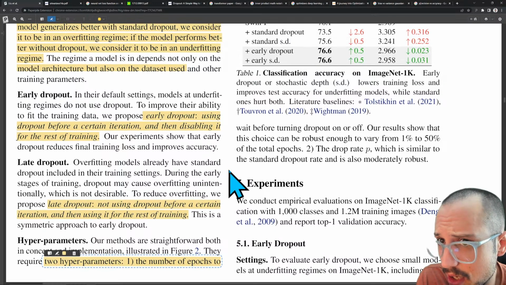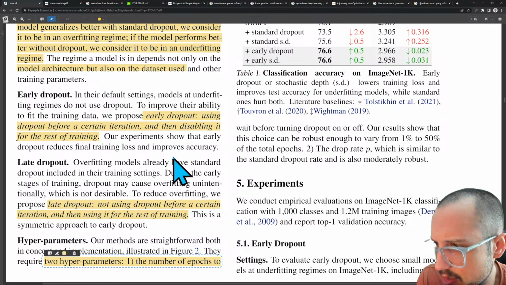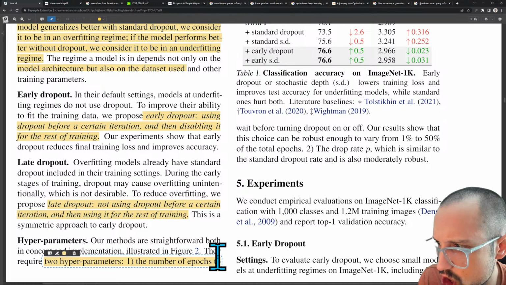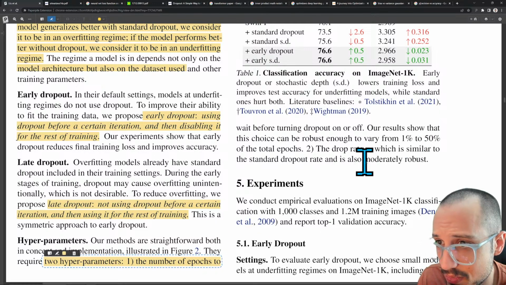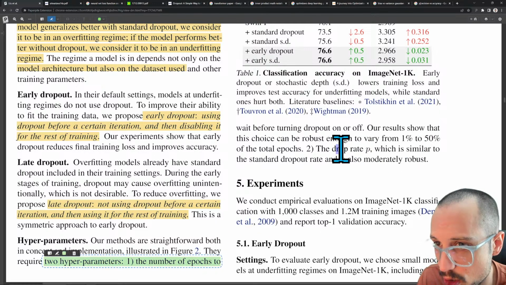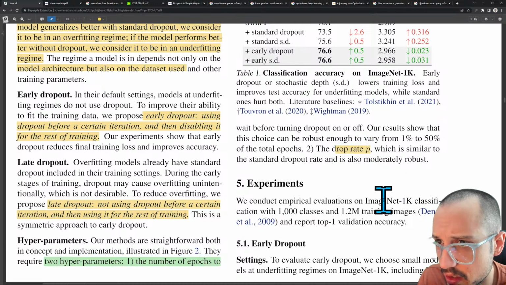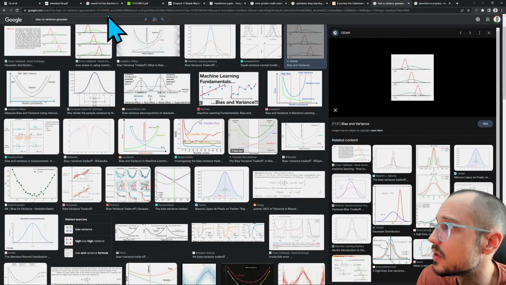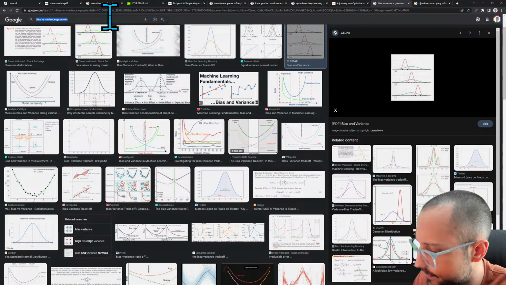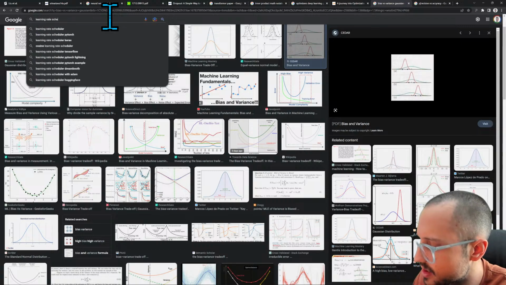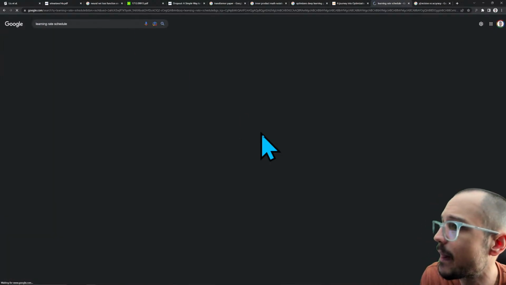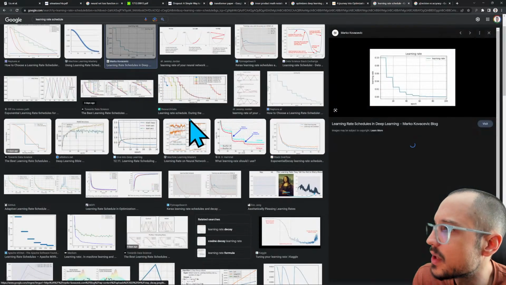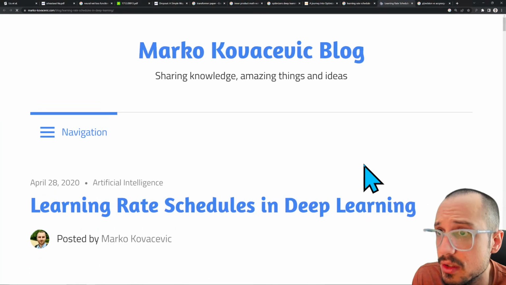I'd like to see a more complicated dropout schedule. It seems like they basically just turn it on and off, but I feel like you should change the dropout rate P over the course of training, right? If you look at learning rate schedules, this is what they normally look like.